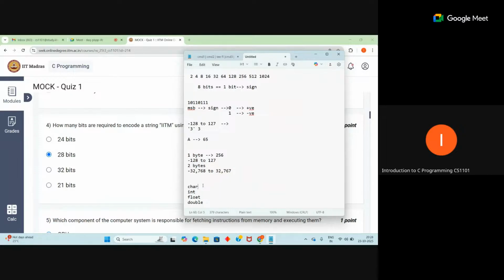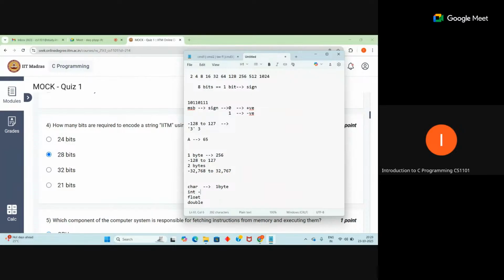No other type of data will be accepted by C. If your data is a character, for each character it will take 1 byte of memory.